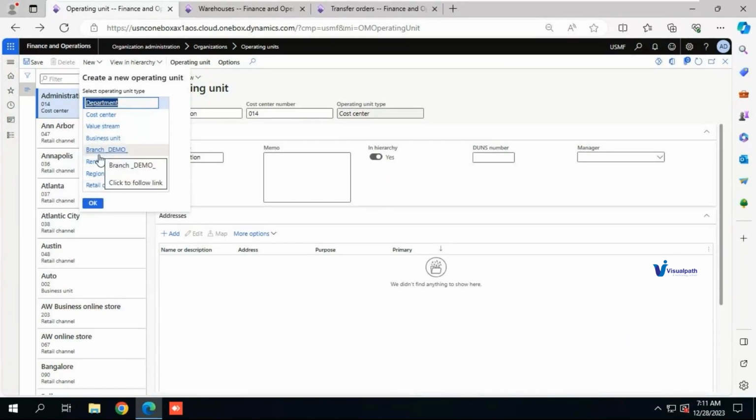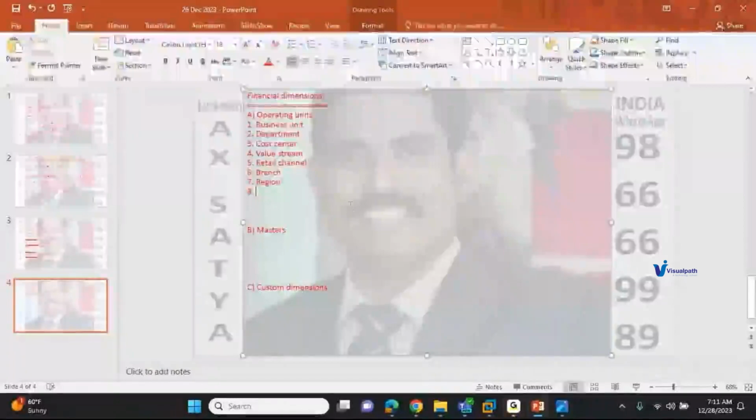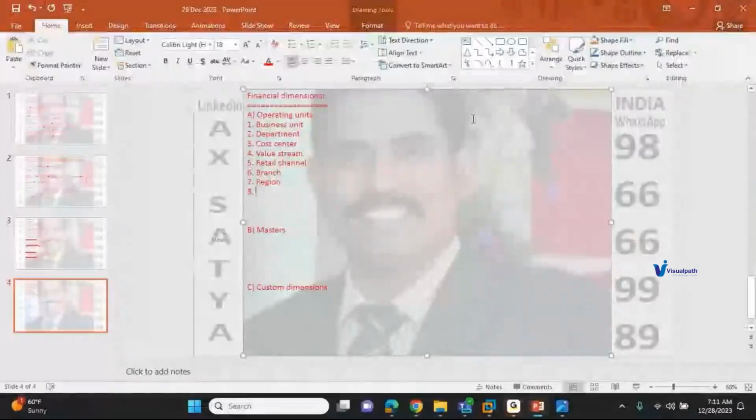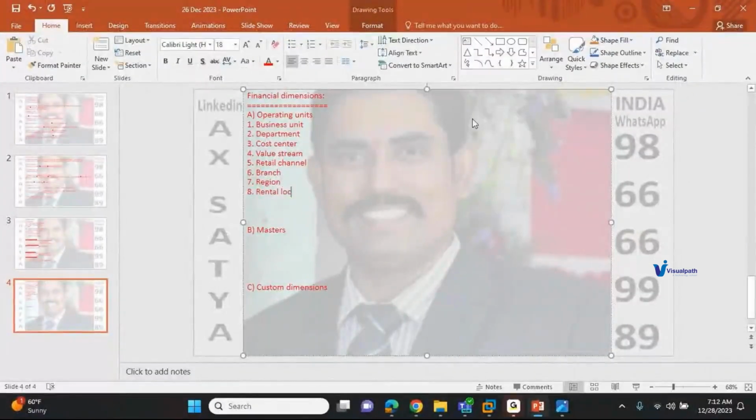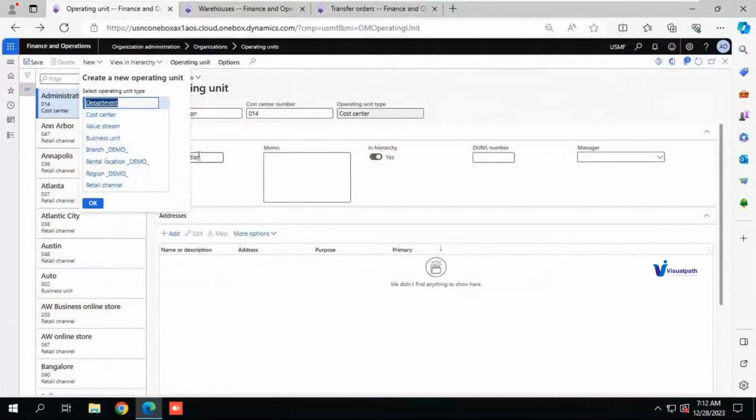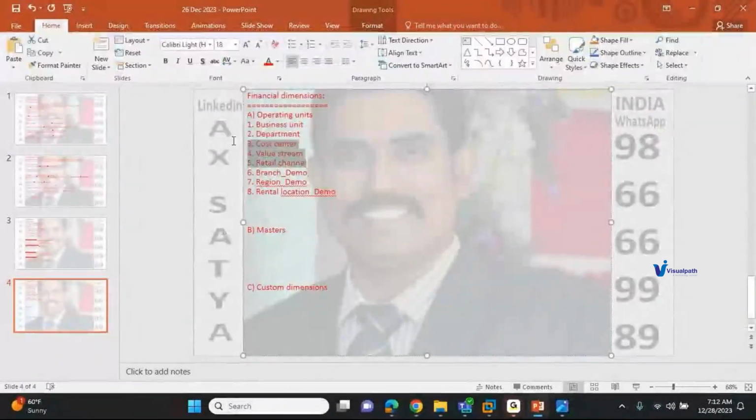Next, branch_demo, retail location_demo, region_demo. These three are recently added demo ones. The five are available by default in the previous application also: business unit, department, cost center, value stream, retail channel.